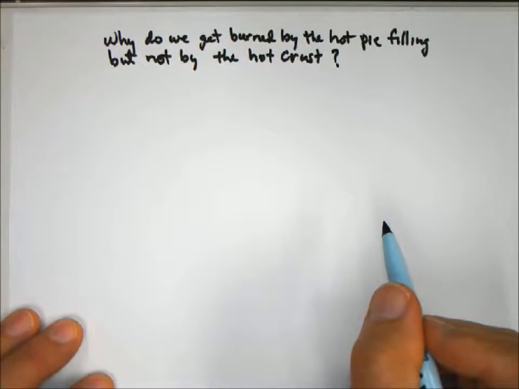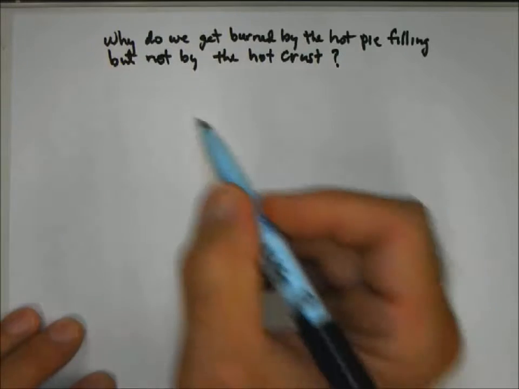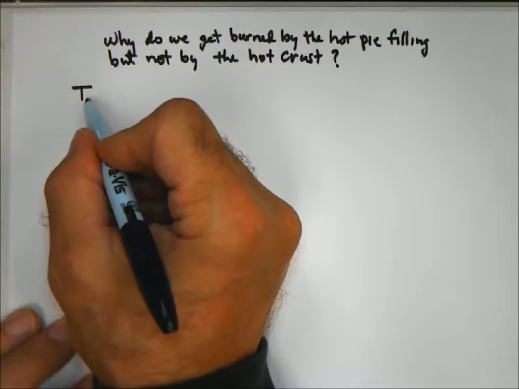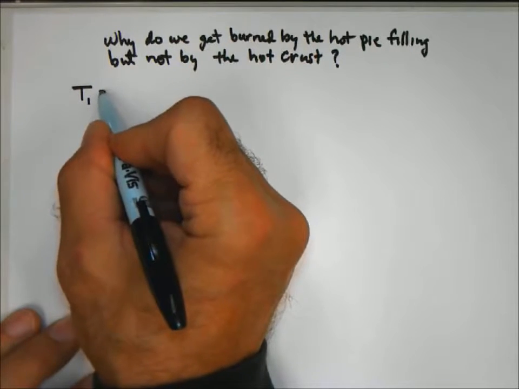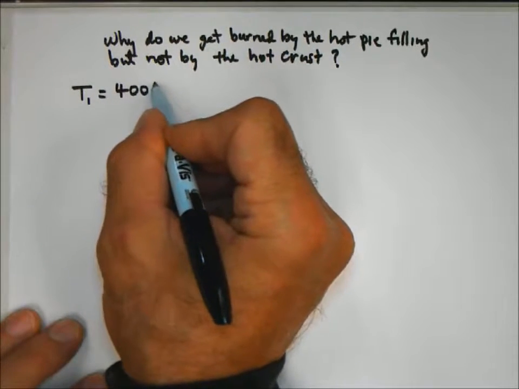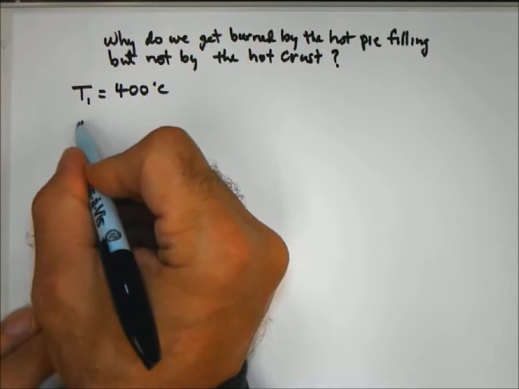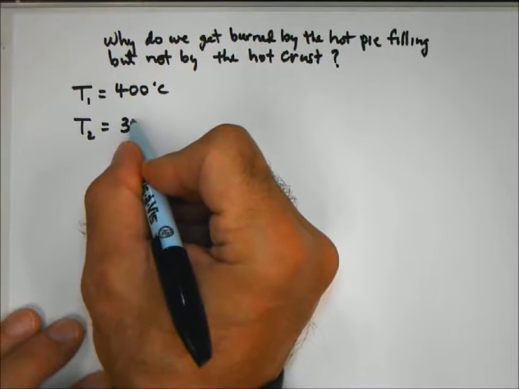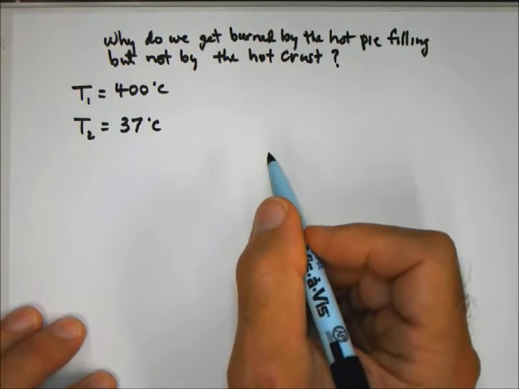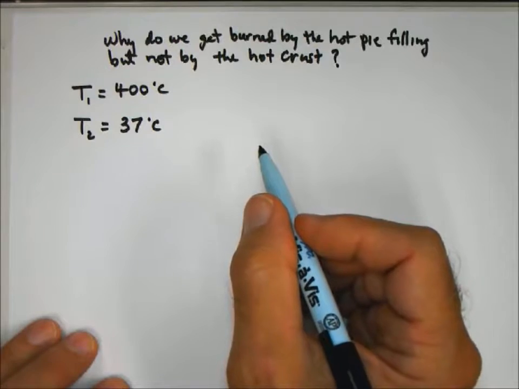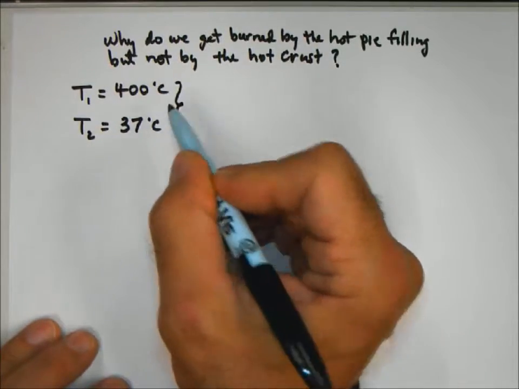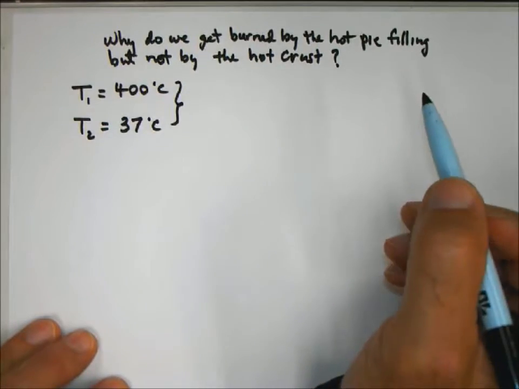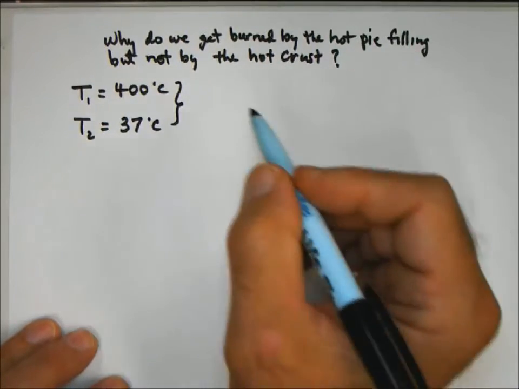Let's say that the temperature of the hot pie straight out of the oven, the crust and the filling, is 400 degrees Celsius. And the temperature of your tongue is body temperature, and in the metric system that'd be 37 degrees Celsius. Okay, so the temperature change that will be experienced when that hot pie touches your tongue is delta T, right?